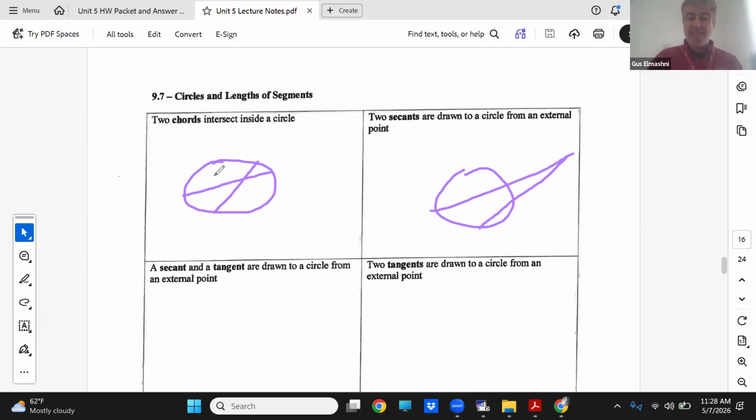They'll call them A, B, C, and D, and then there's a formula that says A times B equals C times D, or A times (A plus B) equals C times (C plus D). There are all these funky formulas. So you're not dealing with angles or arcs anymore; you're dealing with how the sides cut each other and how they're related.